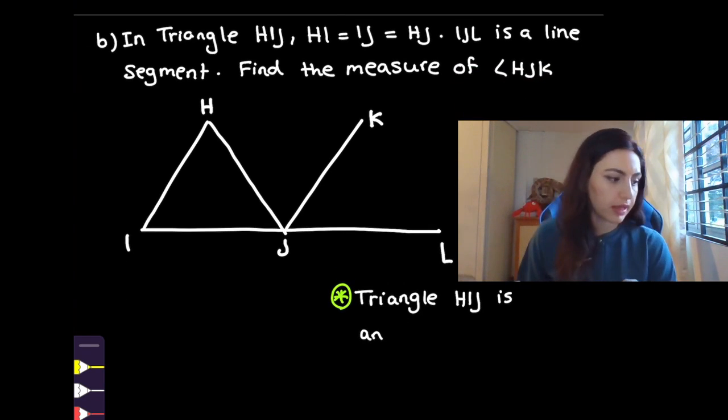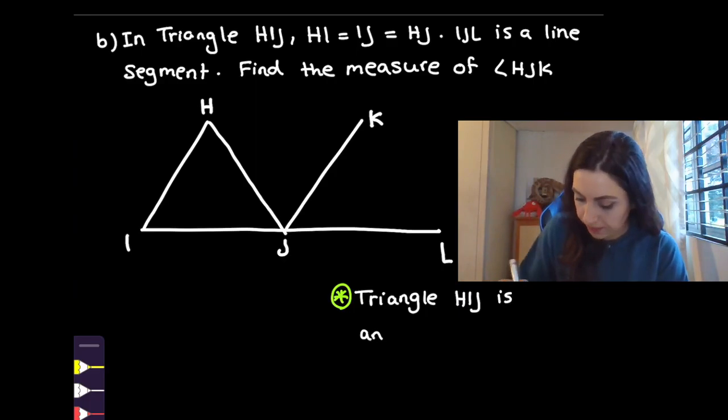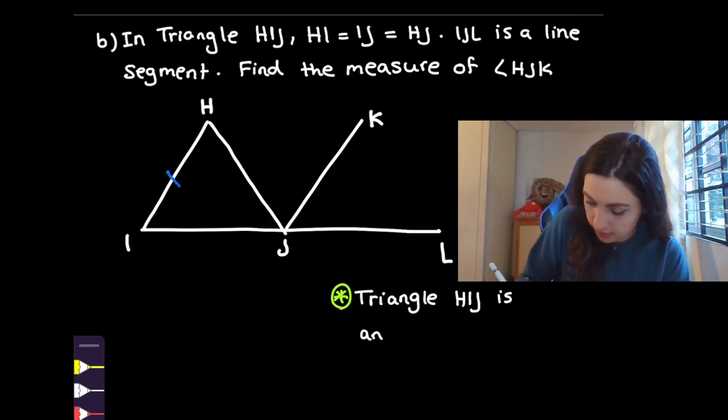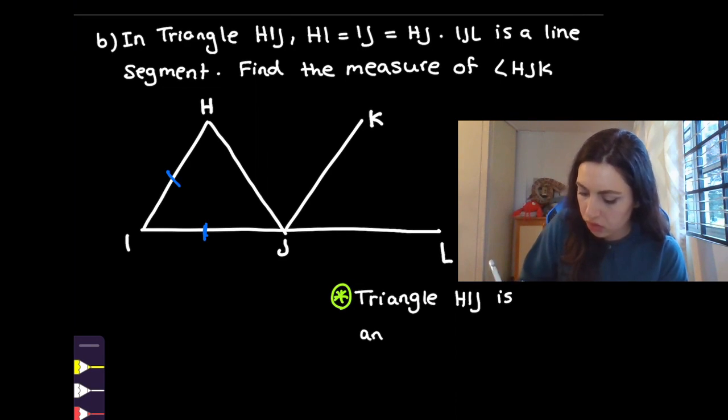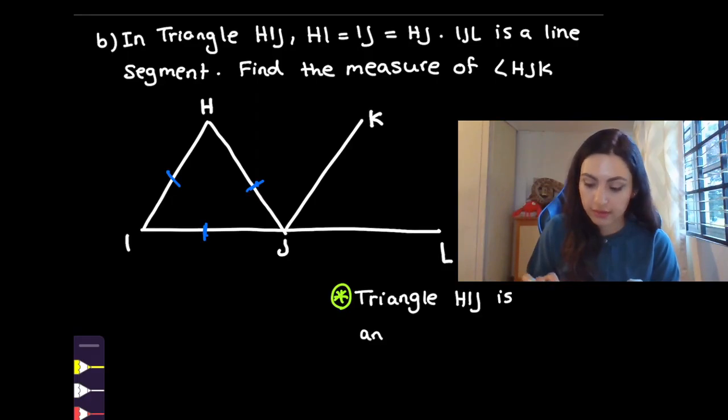So part B, in triangle HIJ, HI is equal to IJ. This is equal to IJ and equal to HJ. Okay? So all sides are the same.